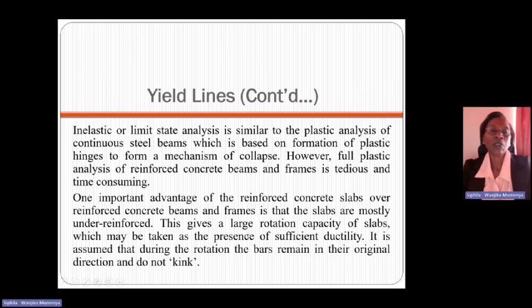One important advantage of the reinforced concrete slab over reinforced concrete beams and frames is that the slabs are mostly under-reinforced, and this gives a large rotation capacity for the slabs, which may be taken as the presence of sufficient ductility. It is assumed that during the rotation, the bars within the concrete remain in their original direction and they don't suffer kinking.